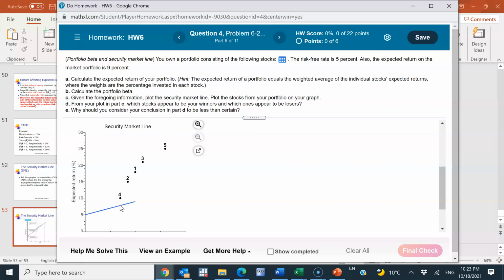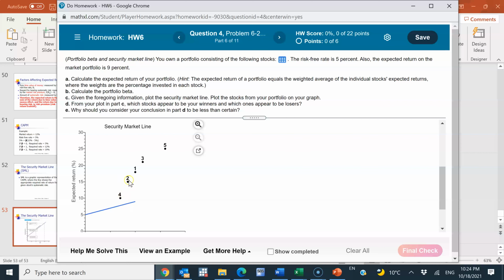So given that risk, this stock, for example this point 4 here, has a higher expected return. With the same level of risk, stock 4 offers a higher expected return. Hence, it's a winner for us.